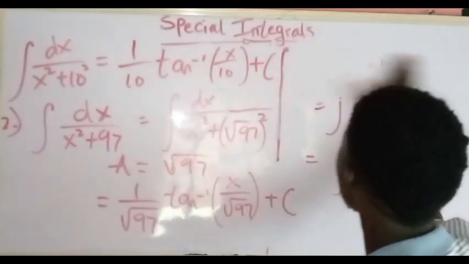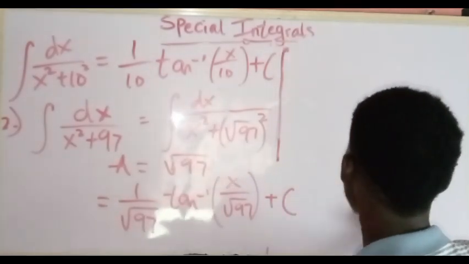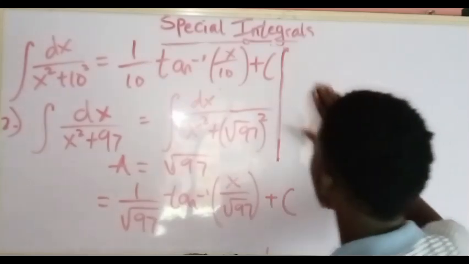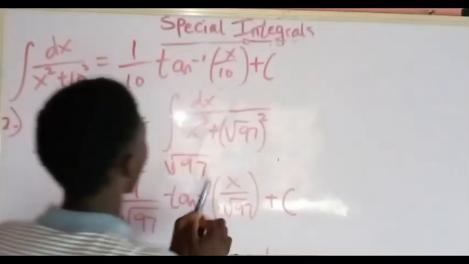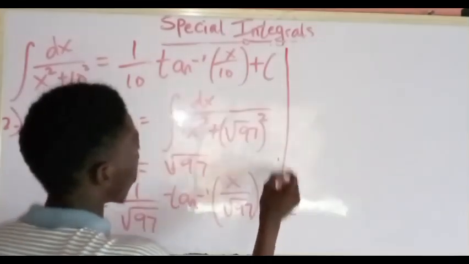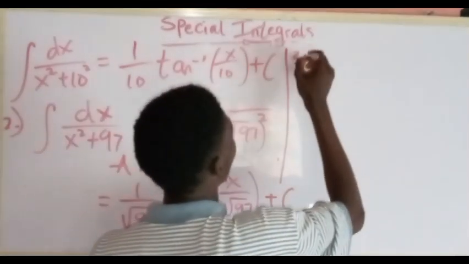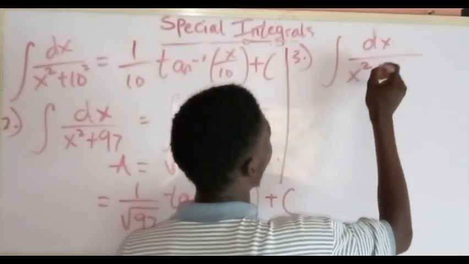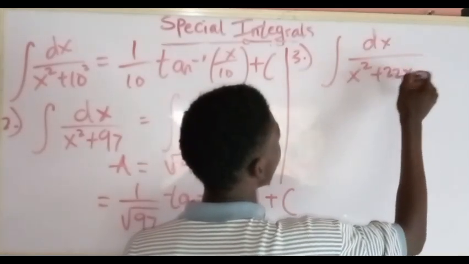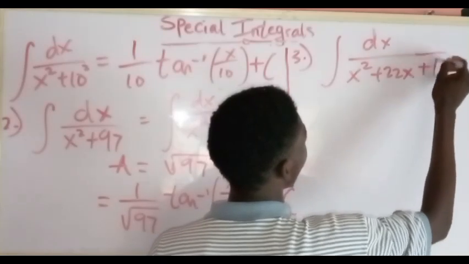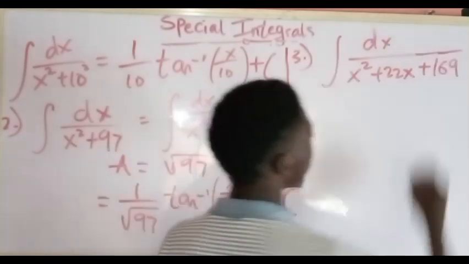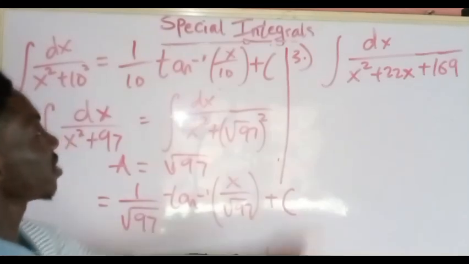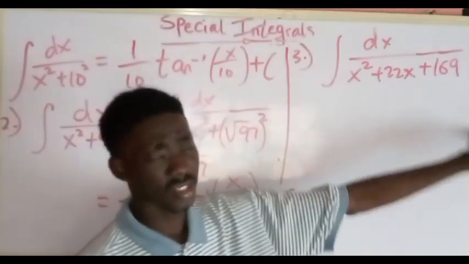So the third example I'll be doing will be the integral of dx over x squared plus 22x plus 169. This is a quadratic expression.